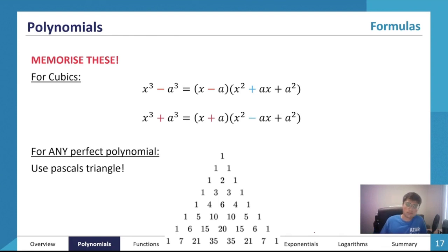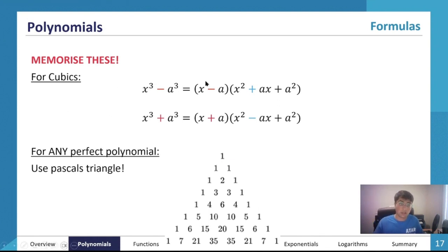Please memorize them, because whenever you find an opportunity to use them in your working, they're going to save you a lot of time. So for cubics, you have x cubed minus a cubed. That can be factorized into x minus a times x squared plus ax plus a squared.